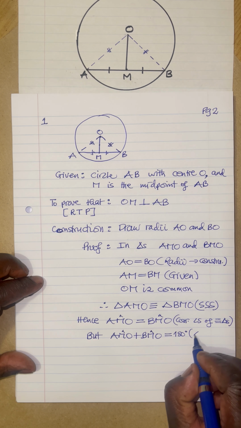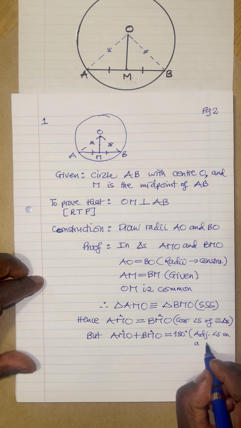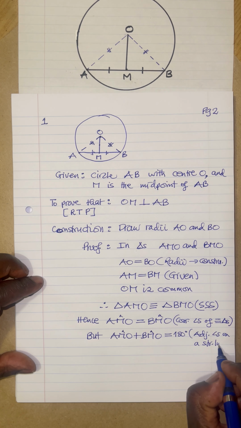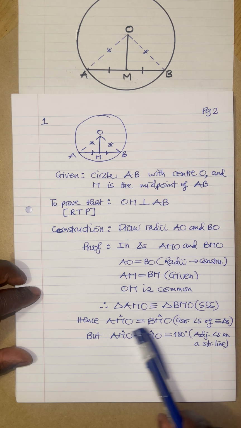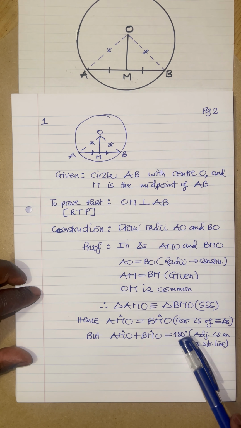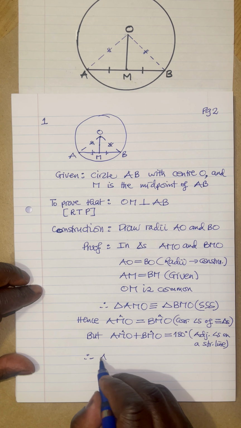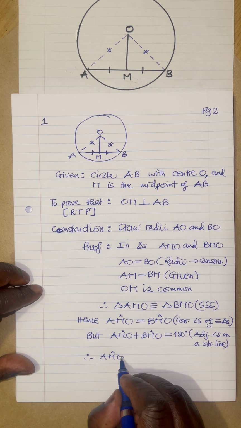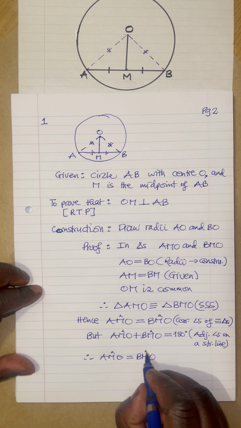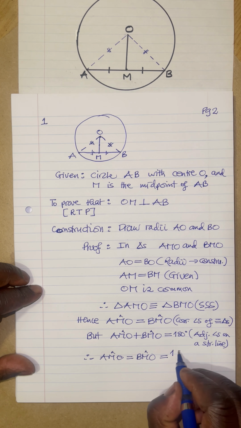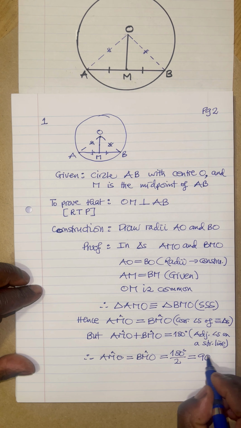Why? Because they are adjacent angles on a straight line. That means if two angles are equal and the two angles add up to 180, each one must be 90. So therefore, angle AMO equals angle BMO, and the answer must be 180 divided by 2. And what is that? 90 degrees.